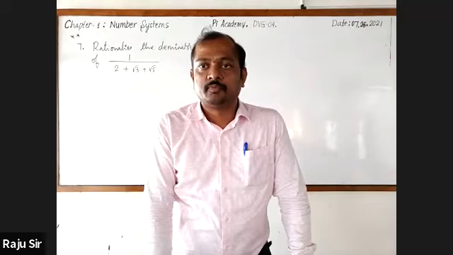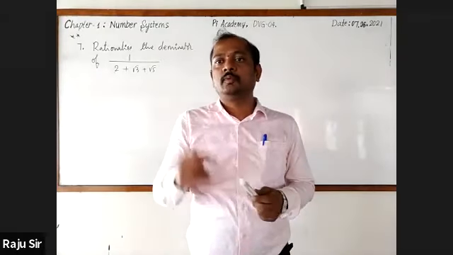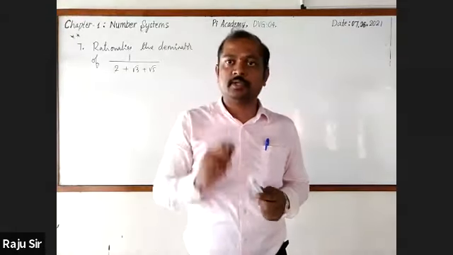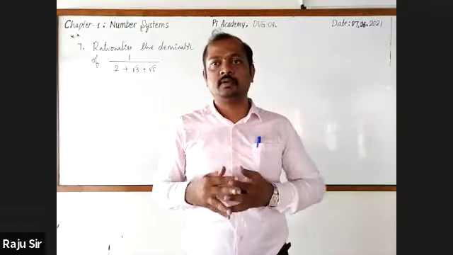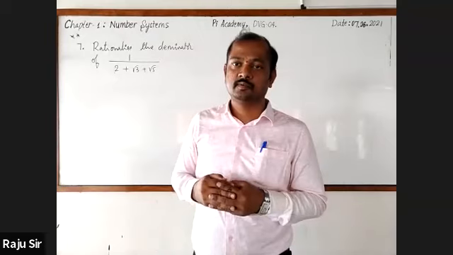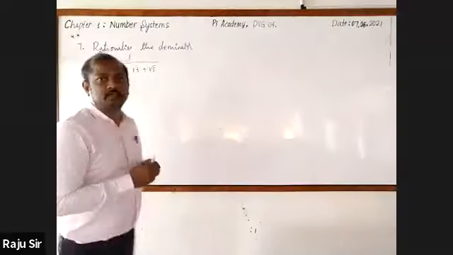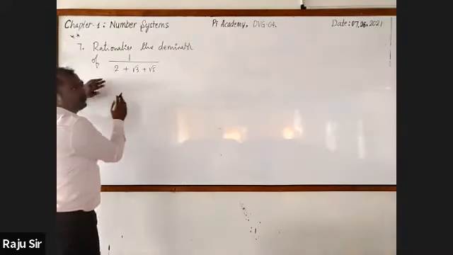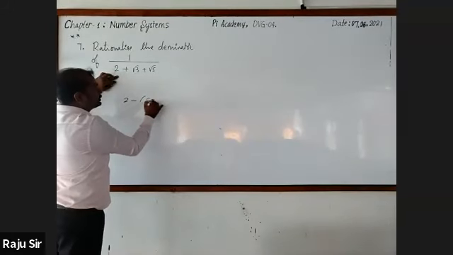Okay, look at them. Dear students, you know that when two terms are there in the denominator, you'll take their conjugate. But in three terms, how do you go for taking the conjugate? 2 plus root 3 plus root 5. You group and take the conjugate: 2 minus of root 3 plus root 5.